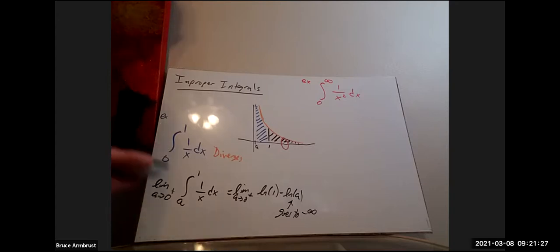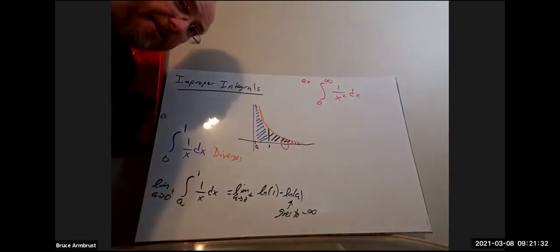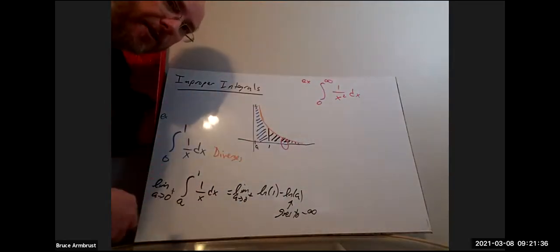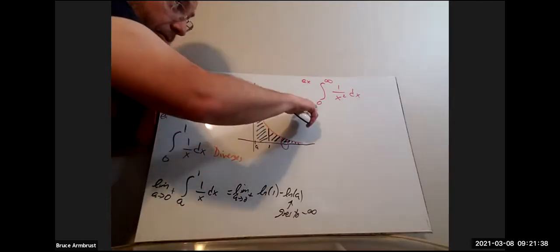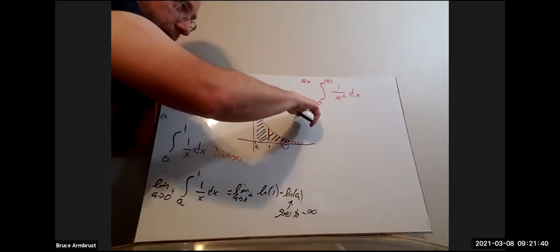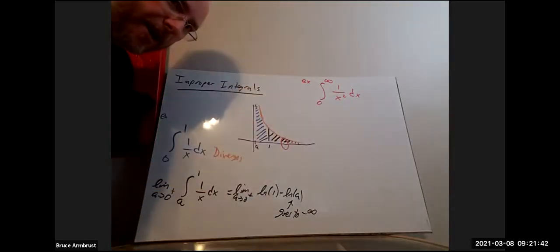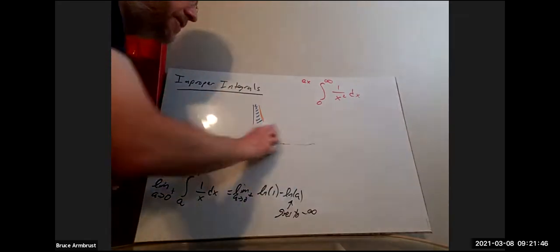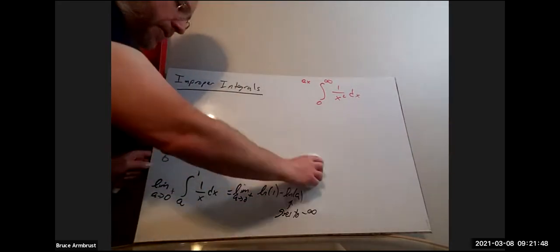Now, I say we can have a little fun with this because this is actually both kinds of integrals. You see the infinite bound. That was the first type we looked at. But the 0 is also coming from a vertical asymptote for 1 over x squared. So it's the second type as well. So it's actually a combination of both.